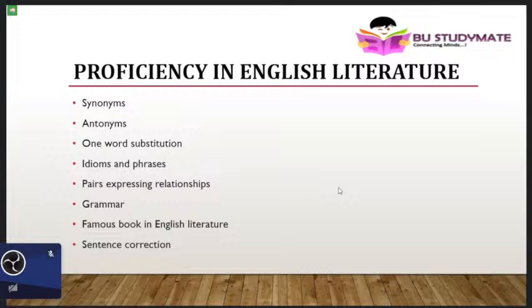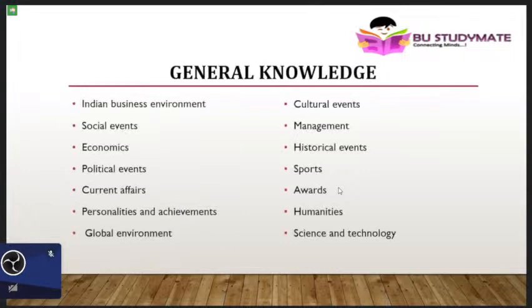In English literature, we have synonyms, antonyms, one-word substitutions, idioms and phrases, pairs, expression, relationships, grammar, as well as sentence corrections. All of these will be explained in detail in the upcoming sessions. Okay, so let's proceed to the next one.